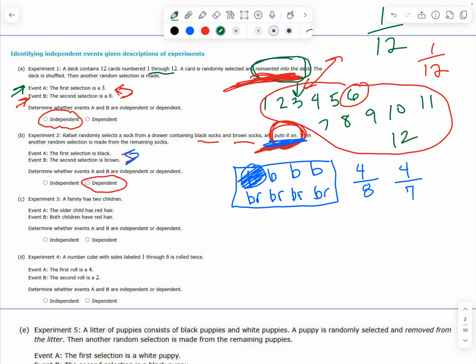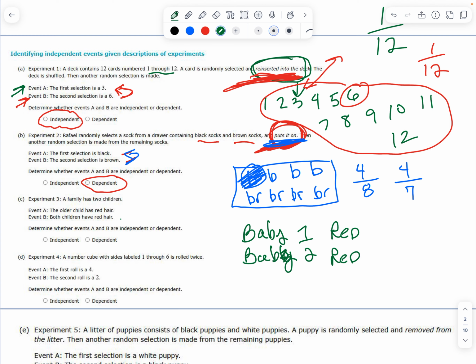Okay, a family has two children. Event A is the older child has red hair, and event B is both children have red hair. So let's say they have a baby 1, and it has red hair. And then event B would be they have another baby 2, and this child has red hair.